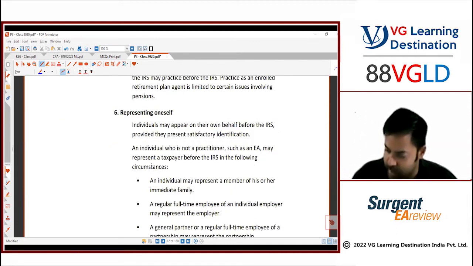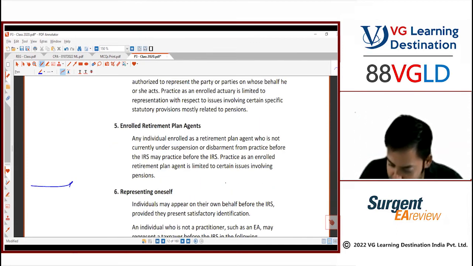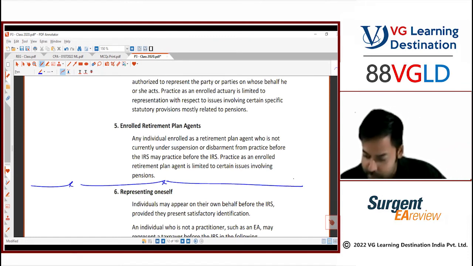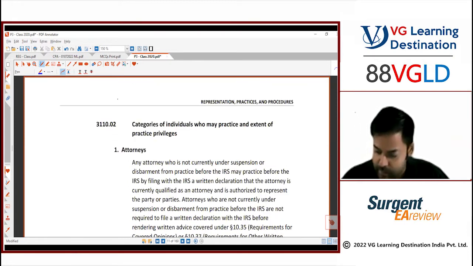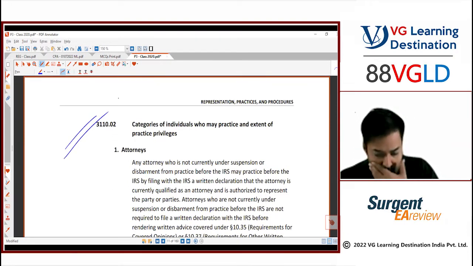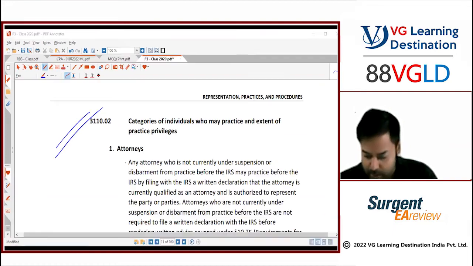Can you just try, guys, to read up till here on your own, up till the 5th point. Very basic. I'm on page number 3. If you want me to scroll, please let me know.